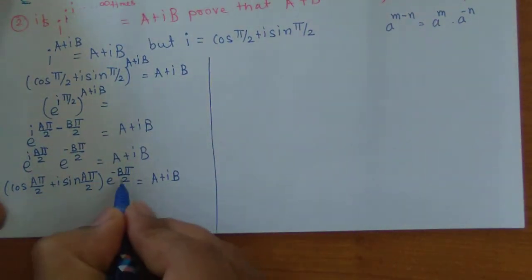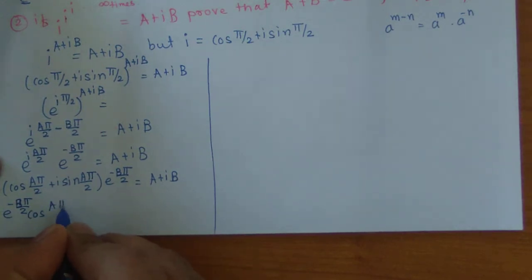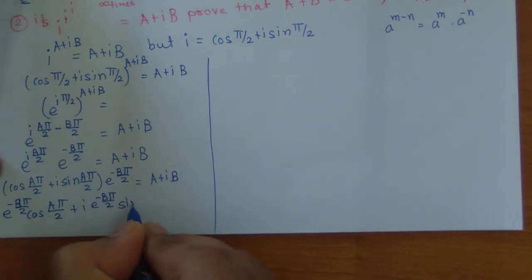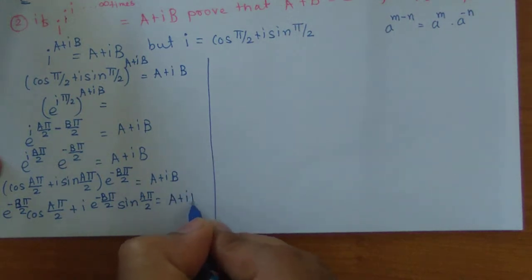I'll just multiply e^(-bπ/2) with this bracket. We get e^(-bπ/2) cos(aπ/2) + i times e^(-bπ/2) sin(aπ/2) is equal to a + ib.